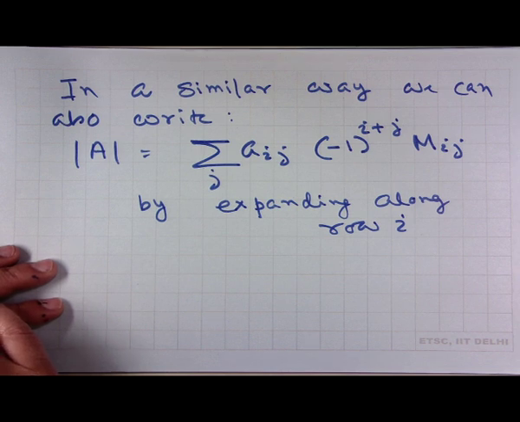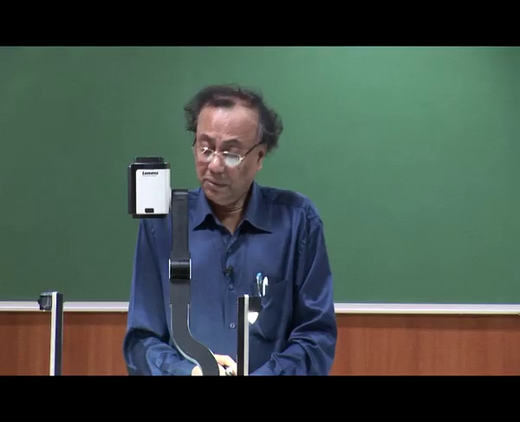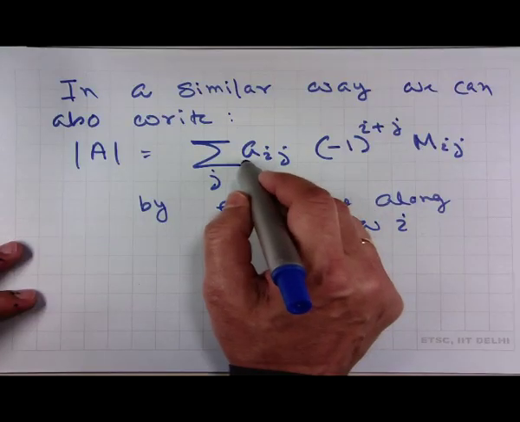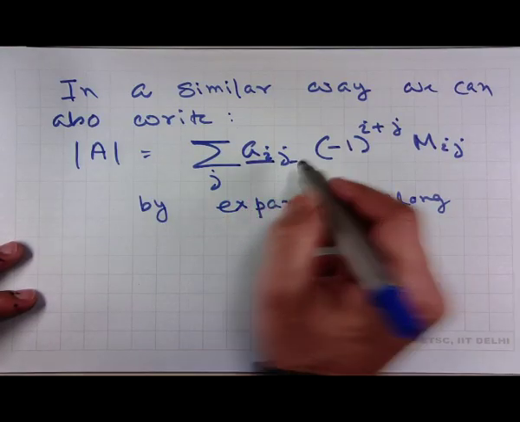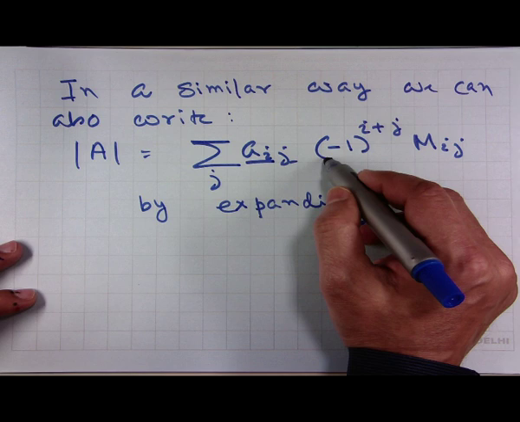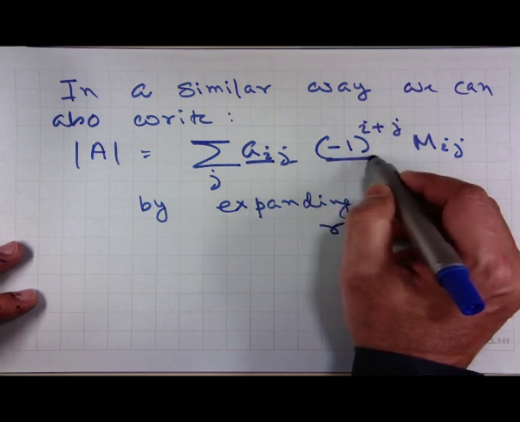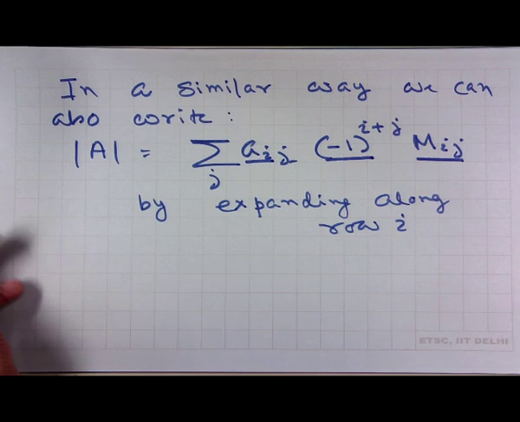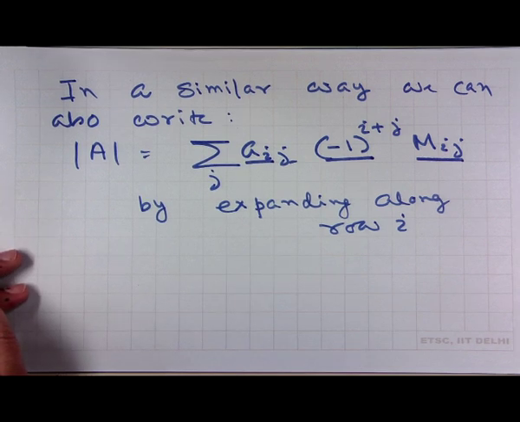Similarly, we can do it by expanding along a column also, but what is important is that the term A_ij is being multiplied by (-1)^(i+j) into the determinant of the matrix which we obtain by deleting the ith row and jth column.